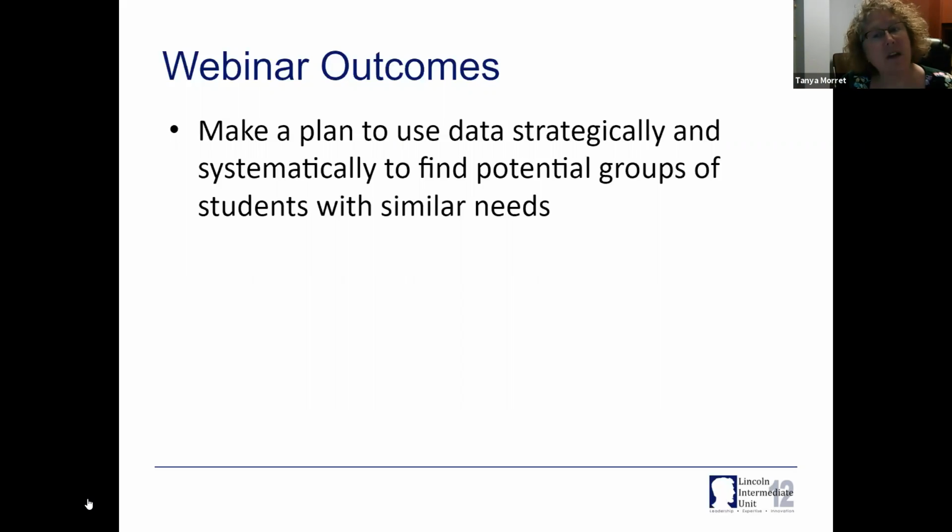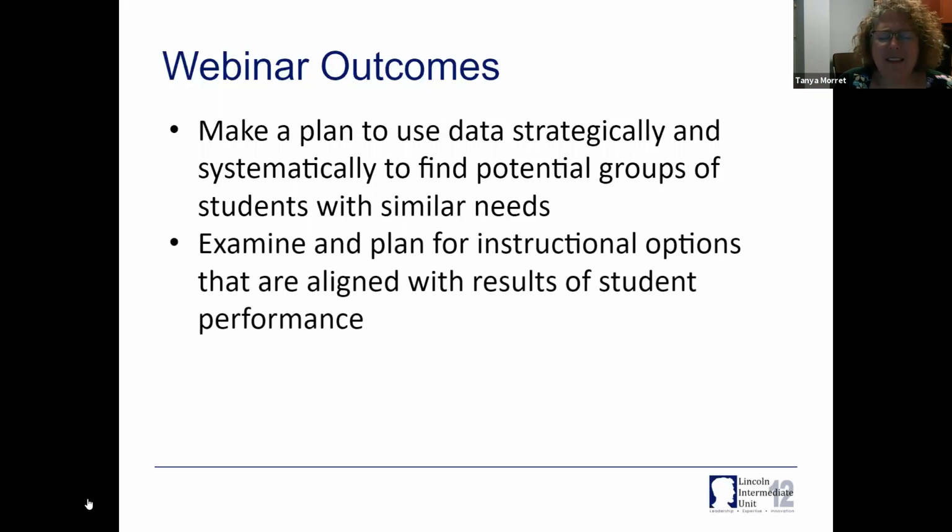We really don't know where students end with their ability and their entering achievement level. And then to examine and plan for what we do with them next. Once we figure out where they are, what are the instructional options? I'm trying to give you a real concrete path to do that with some examples and a protocol. So hopefully that will be helpful to you.